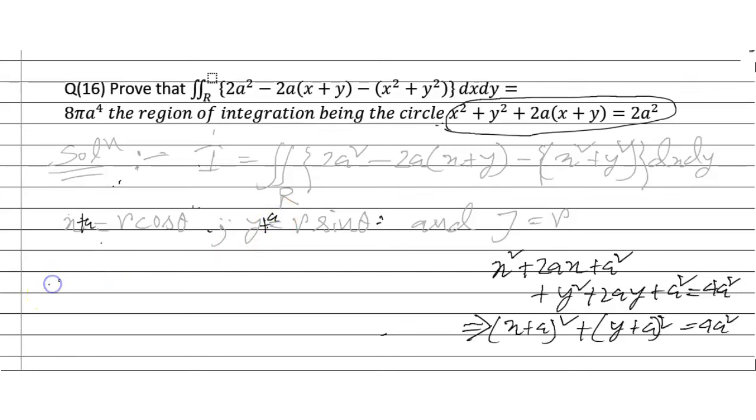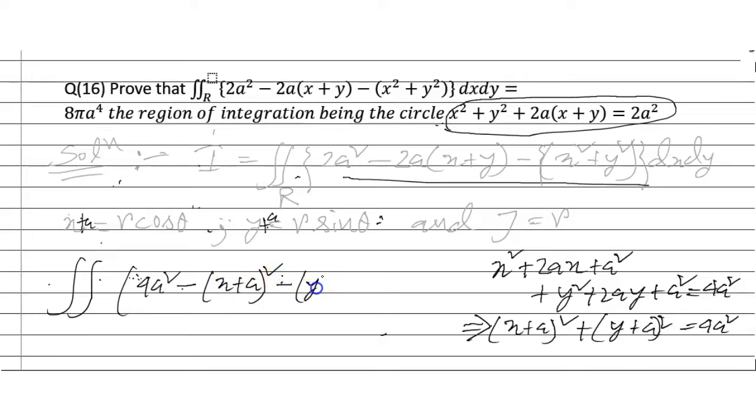My given relationship can be written this way: double integration of 4a squared minus (x plus a) whole squared minus (y plus a) whole squared dx dy.